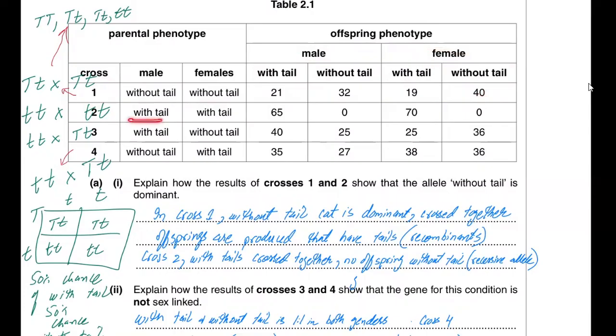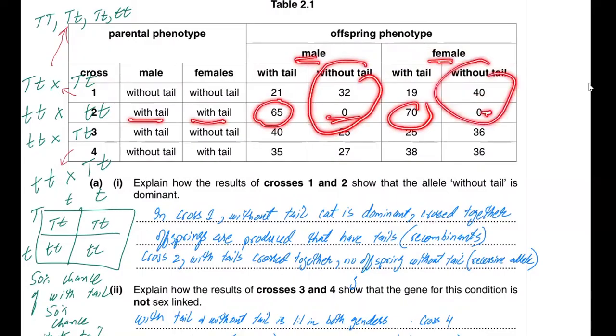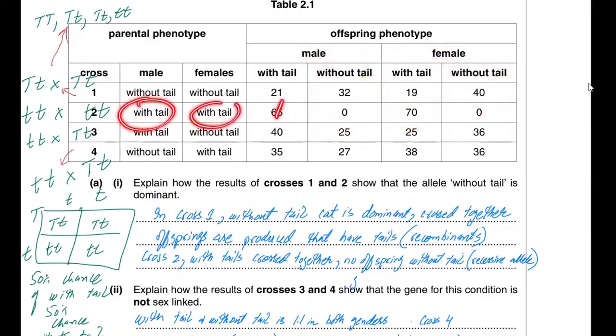In the second cross, we are crossing with tail and with tail, and we are only having with-tail males and with-tail females. Anyone who's without tail is just not produced. It means all 100% of the offspring in cross 2 are with tail.